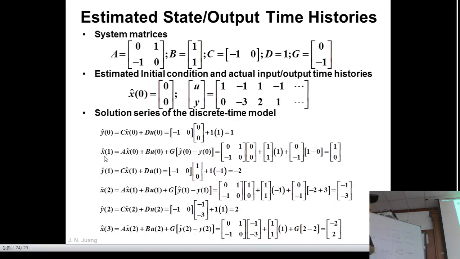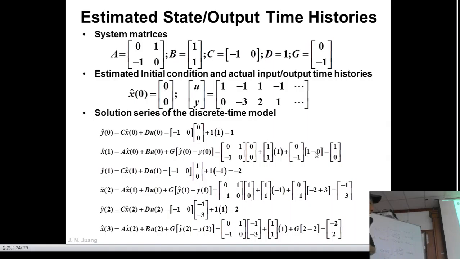My X hat 1 is equal to AX0 plus BU0, u0 is here, plus G. Look at G times Y hat 0 minus Y0. Y hat is 1 here, minus Y0, my true measured Y, which is 0 there.